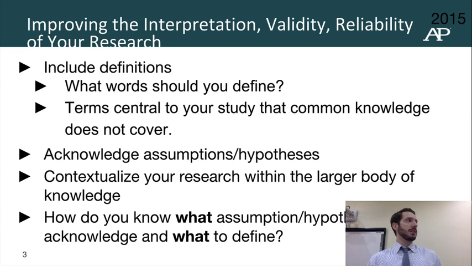For instance, if I was looking at to what extent self-assessment practices in a 10th grade high school classroom in an international school affect X, I need to define self-assessment, it's my focus term. You need to define what maybe a high school student is or an international school is. You need to, again, focus on all those terms central to the research question, things that are not common knowledge. They need to be defined.